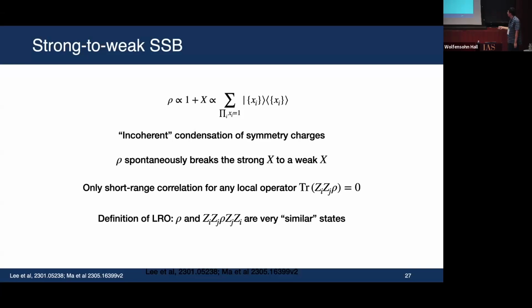To have this symmetry breaking, it means that these 2 states should be very similar. And that's definitely the case in this idealized state, when we have a superposition, a mixture of all possible charge configurations. It doesn't really matter whether you insert another pair of charges or not. But in general, we can try to quantify how similar these 2 states are.